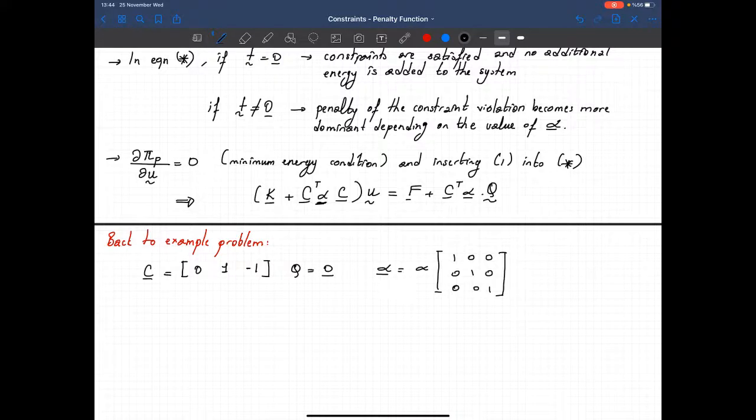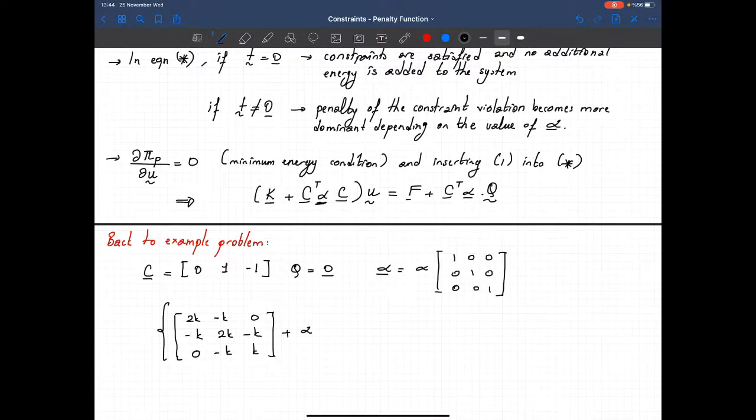Okay, I got K. K in our case is 2K, minus K, 0; minus K, 2K, minus K. That's the stiffness matrix.